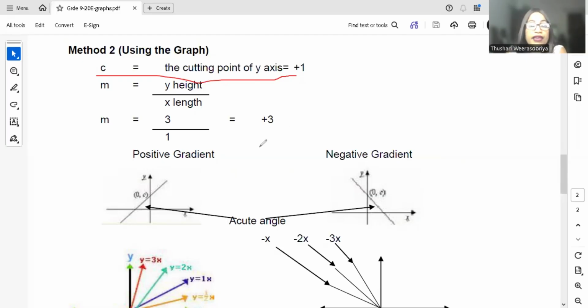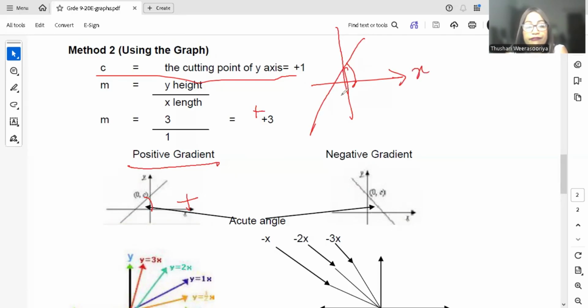Look at these two figures. If the graph makes an acute angle with the positive side, it is a positive gradient. That's why I put positive, because our graph is like this, making an acute angle. Can you remember earlier we drew the graph? A negative gradient makes an acute angle with the negative side of the x-axis. That's how you keep it.